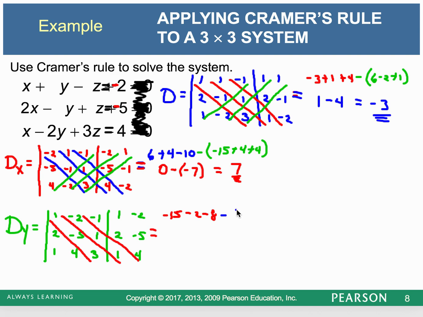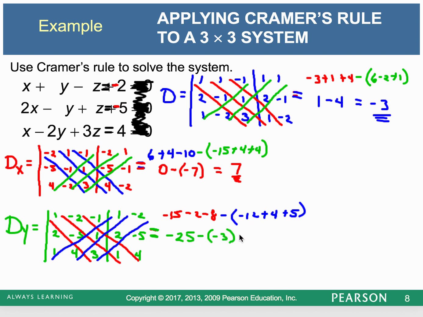and then it's going to be minus negative 12 plus 4 plus 5. Right? So negative 15 minus 2 minus 8 minus 25 minus negative 12 plus 9, negative 3.